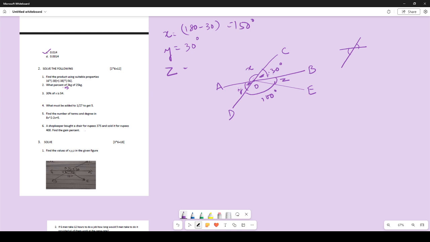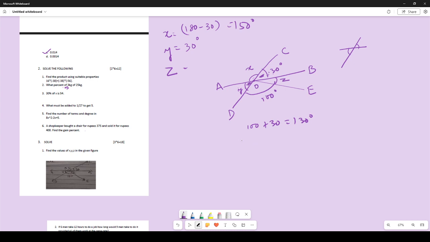We have Y as 30, this angle as 100, so 100 plus 30 makes it 130 degrees. Let me just put it over here so that I can explain it in a better way. So we have 100 plus 30, that much is clear.